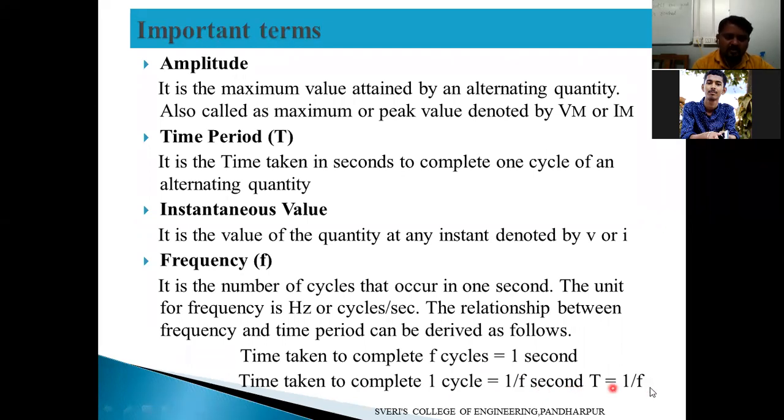Or T equals 1 by f. Therefore, f equals 1 by T hertz. Over. Yes, sir. Full stop.